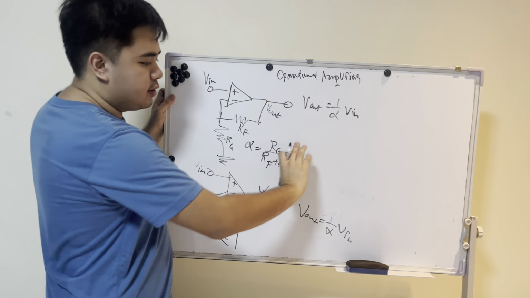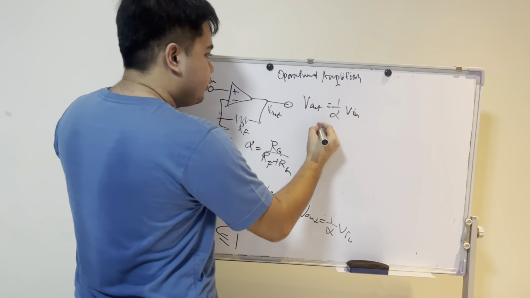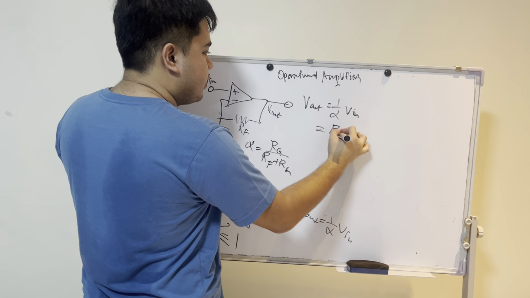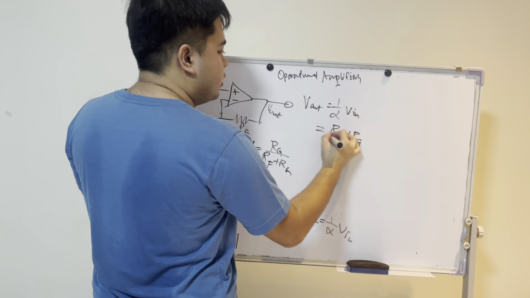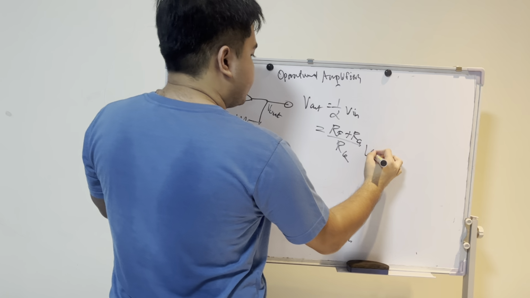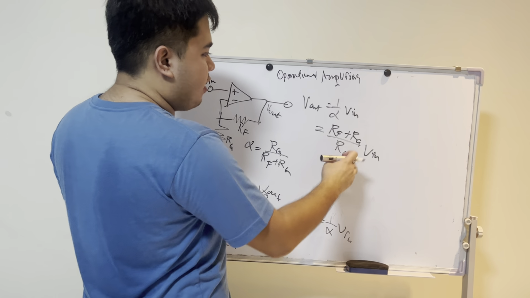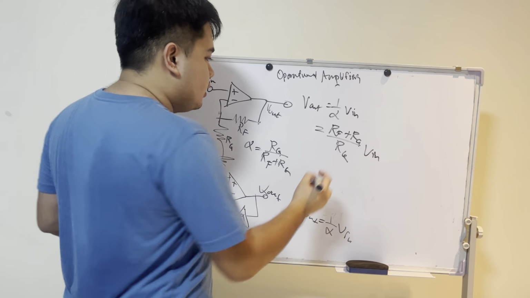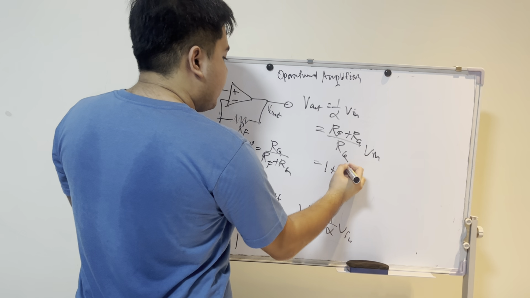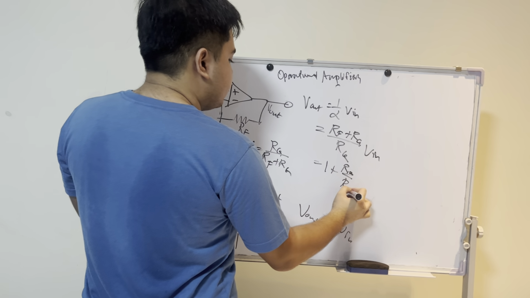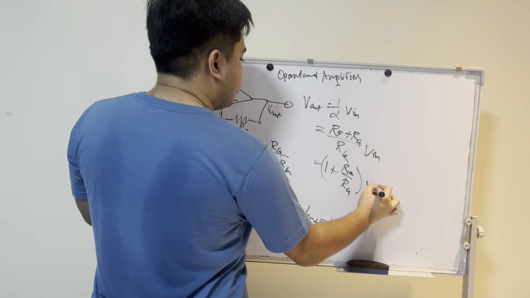Alpha is this, so let's just reciprocate that. We get RF plus RG over RG V in. Let's simplify because RG over RG is just 1. So we get 1 plus RF over RG, don't forget the parentheses, V in.